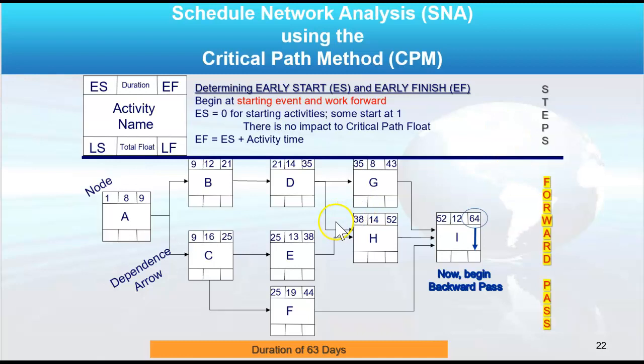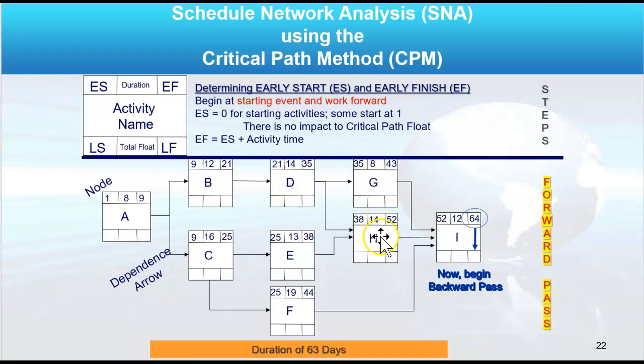Now notice there are a couple of constraints to note, right? So where D goes into both G and H, right? That D has an early finish of day 35. So G can begin on 35 because it's the only one where D goes directly to.